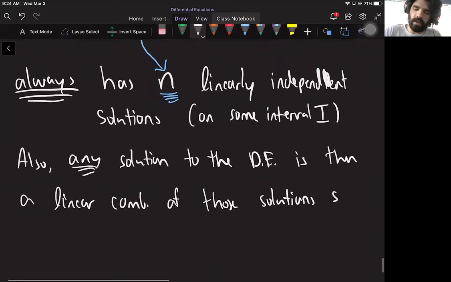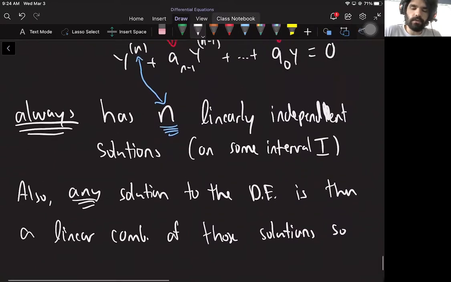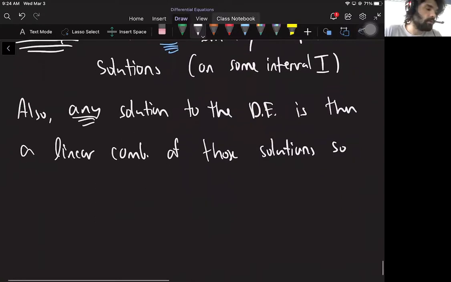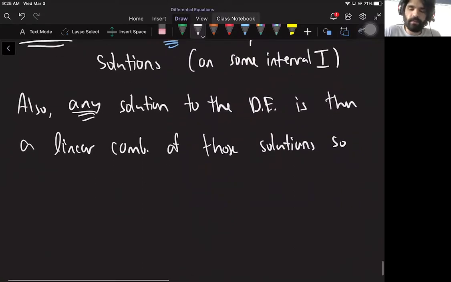What that means is we actually have something called a general solution. A general solution is a solution that covers all the possible solutions. Previously, we learned techniques and we got solutions, but we never knew if they were all the solutions or if there were some other ones hidden somewhere.